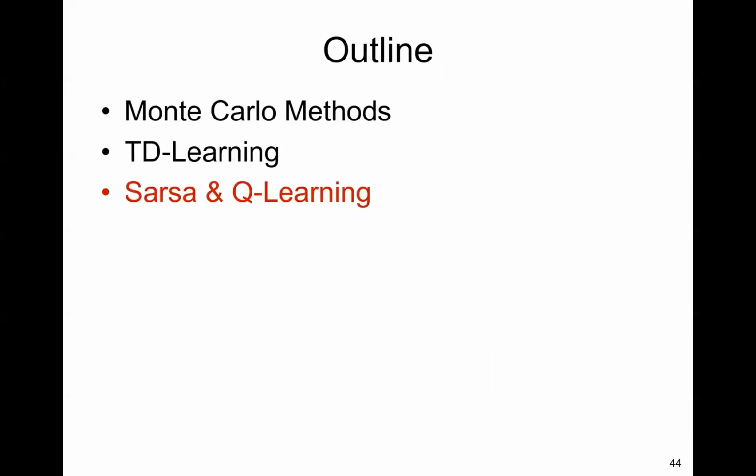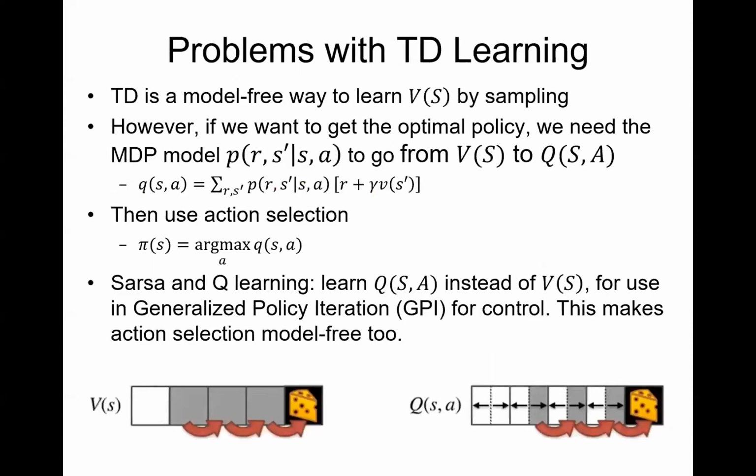So next I'll discuss Sarsa and Q-learning. TD is a model-free way to learn the value function of every state by sampling.